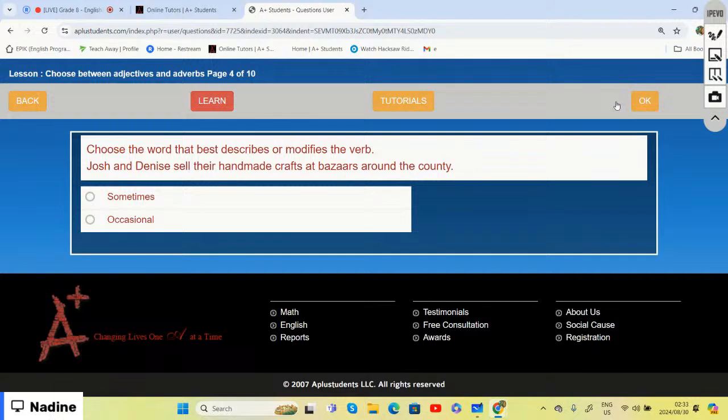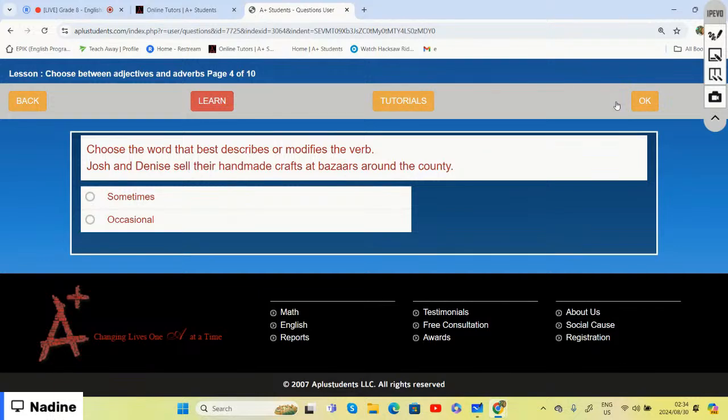It says Josh and Denise sell their handmade crafts at the bazaar around the county. So Josh and Denise, they sell their handmade crafts at bazaars around the county.